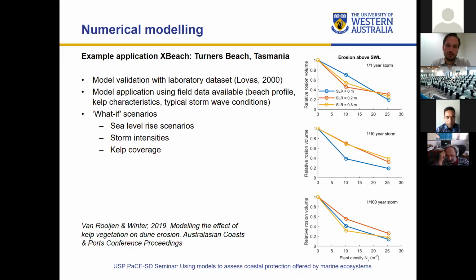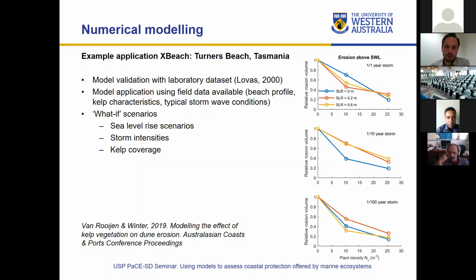And the key result we got from this, which we didn't expect beforehand, is that the sea level rise effect is not really that clear. There's a bit of a mixed effect if you have a higher sea level rise scenario, whereas for the kelp density there's a clear trend going from no kelp to 10 plants per square meter to 25 plants per square meter. You definitely get a decrease in erosion.